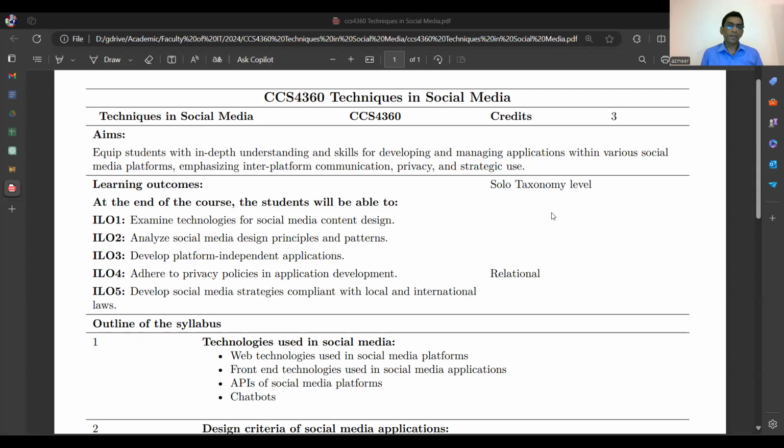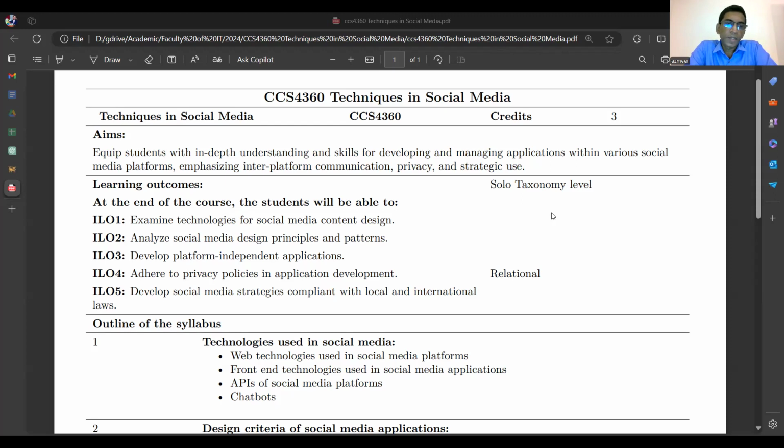I'm sure all of you are on some social media platform, right? There is Facebook, there is Instagram, then there is, what else we have? We have Pinterest, we have YouTube. There are so many. So what are the technologies used to design content for this social media is something that we need to understand.